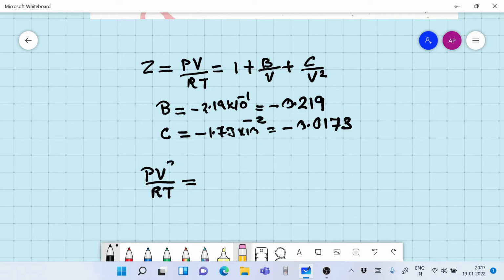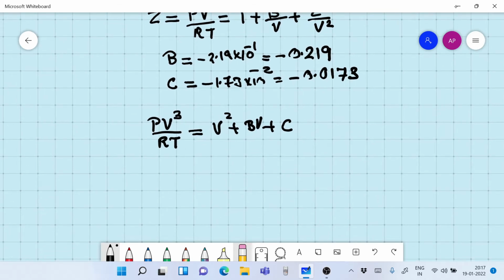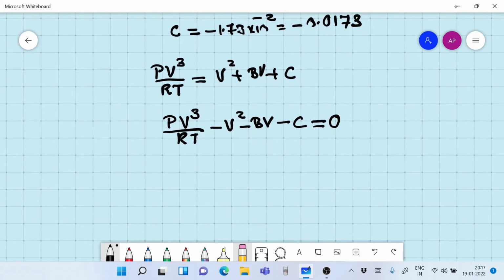So what we get is PV cube by RT is equal to V square plus BV plus C. So we finally get this equation as PV cube by RT minus V square minus BV minus C is equal to 0. And we enter the values now.